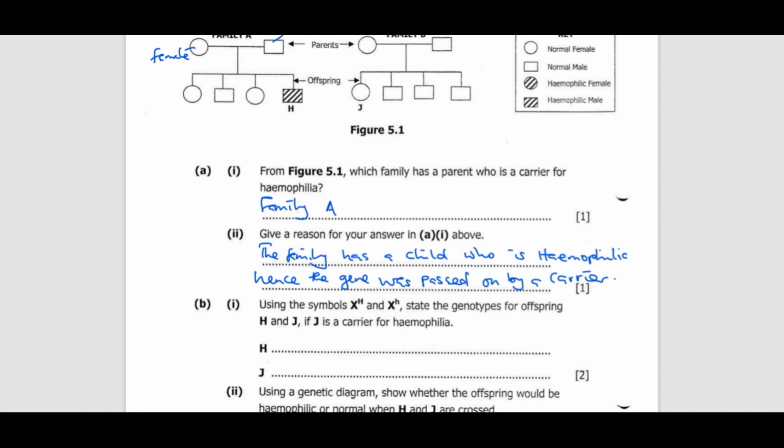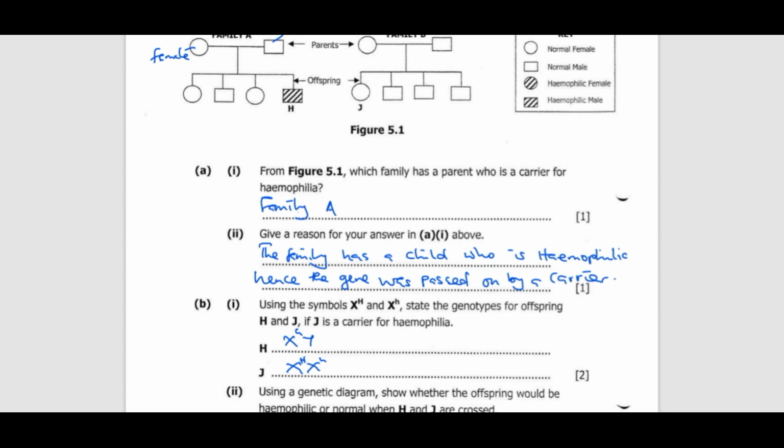So we would say X^h Y. And then let us look at J. J is a normal female, so we can say X^H X^h, because J is a carrier for hemophilia.